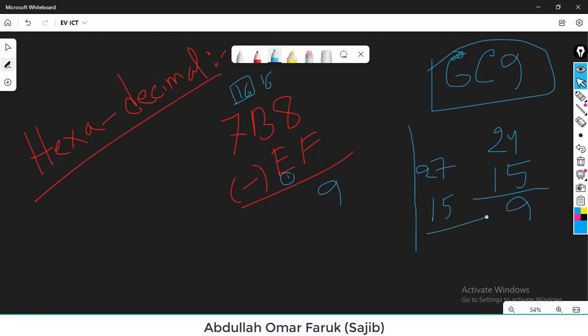If I subtract 15 from 27 it gives me 12, but I cannot write 12 because 12 is represented by C, and C is written. This 1 will be placed here, and if I subtract 1 from 7 I get 6. So your answer is absolutely right.